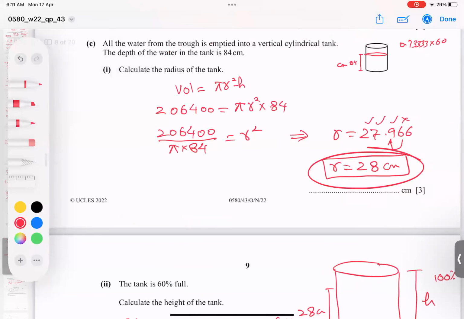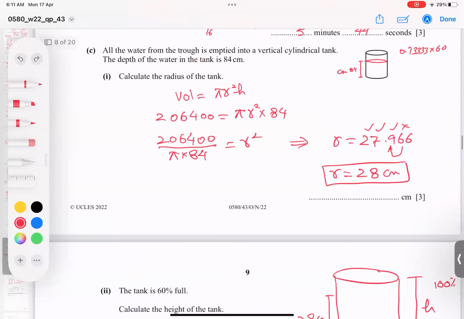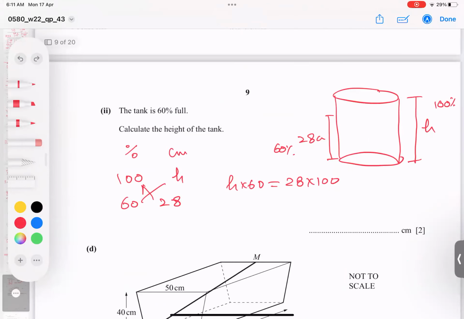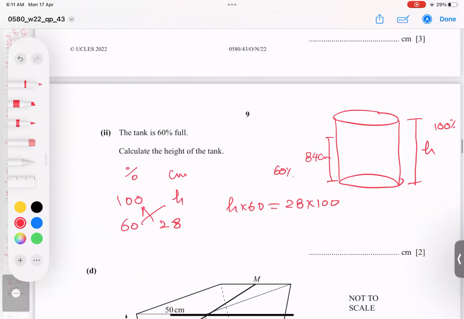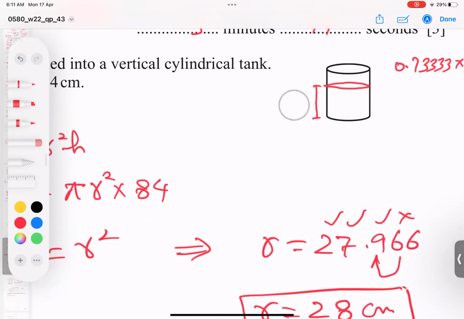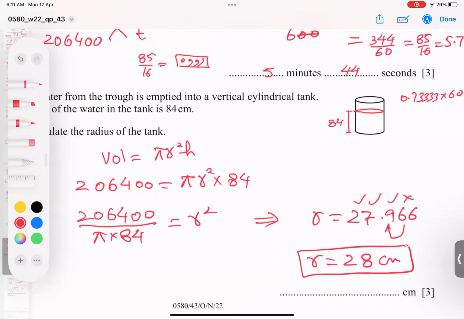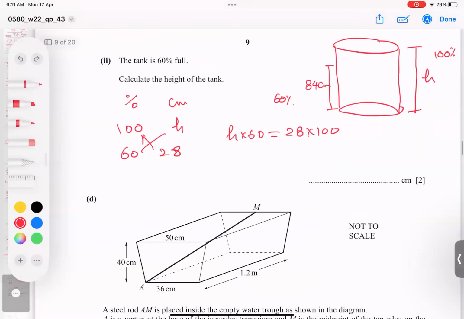I took the 28 as the height, but he talked about the height of the tank. The water inside the tank is 84, not the height of the tank. So this is only one correction here. The 28 is the radius, and the 84 was correct. So the point is clear.